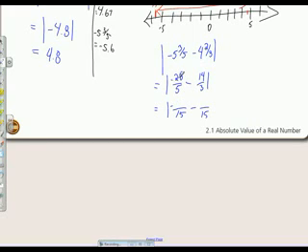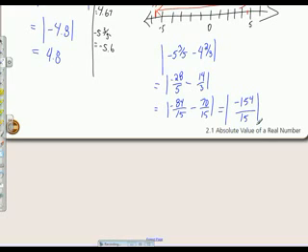Multiply this one by 3, so 28 times 3 gives me 84. Need to multiply this one by 5. 14 times 5 gives me 70. So now, negative 84 minus 70. That's going to take me more in the negatives. Negative 154 divided by 15.